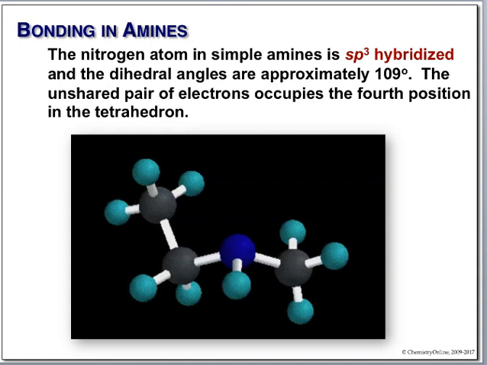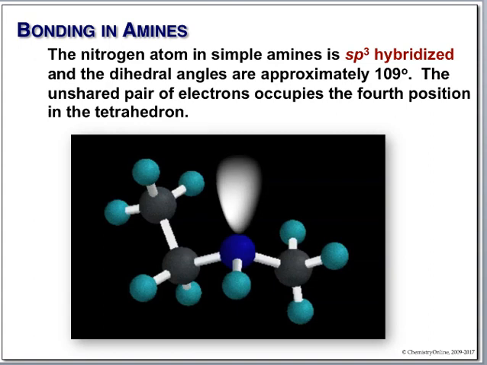Now, if you look at this, here we have an ethyl group, a hydrogen and a methyl, and a lone pair. That would be a chiral center, wouldn't it? 4 different things around the central atom. However, nitrogen undergoes inversion, called pyramidal inversion, and it does it quickly.